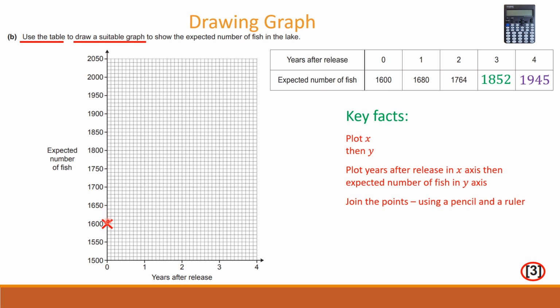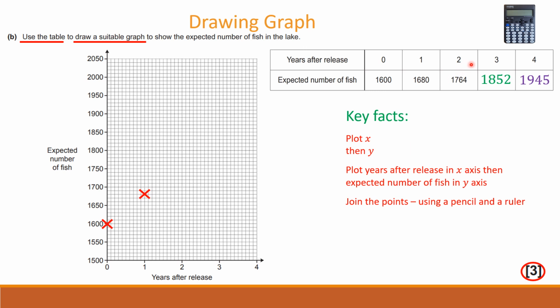So that means each little gap is worth 10. So we're going up 10, 20, 30, 40, 50 to get from 1,600 to 1,650. So each of these little lines is 10. So we want to go up 80, so that's 30 more than 50. So you've got to go up 3 little lines after the 50, 1,650. So you go across 1, then you come across this level to get this point.